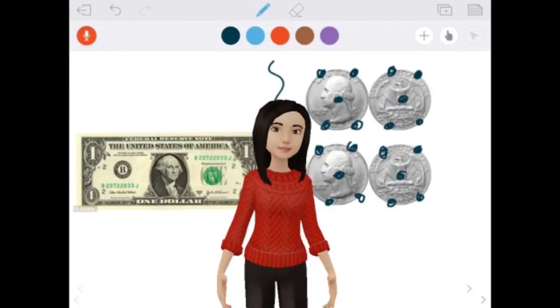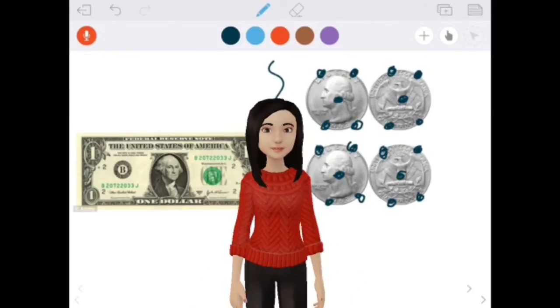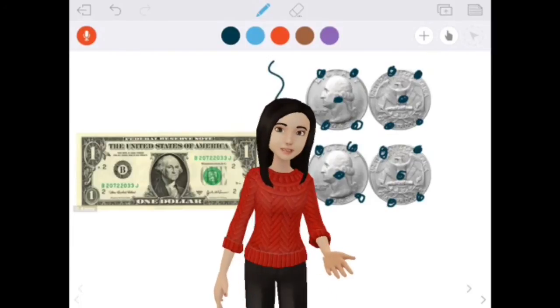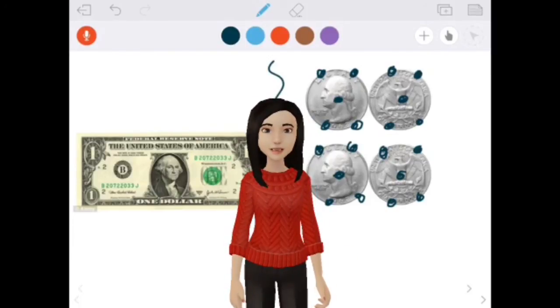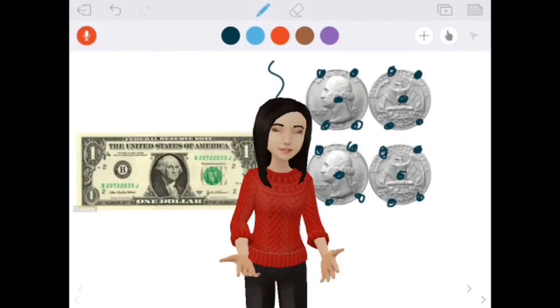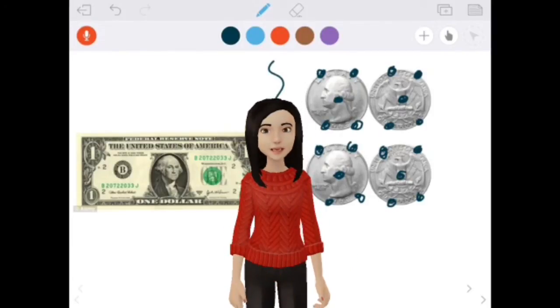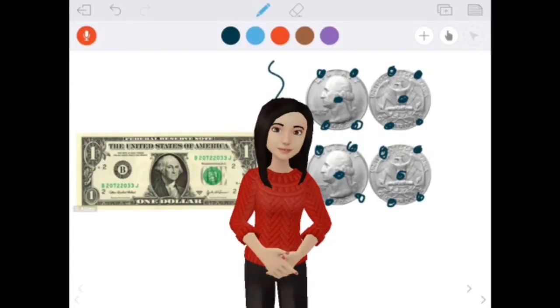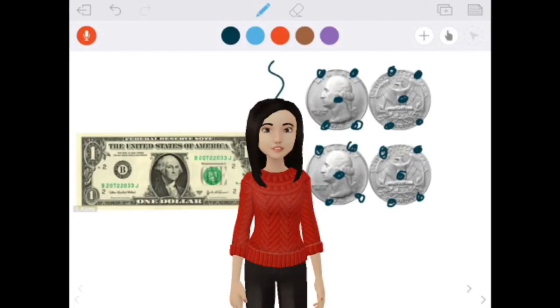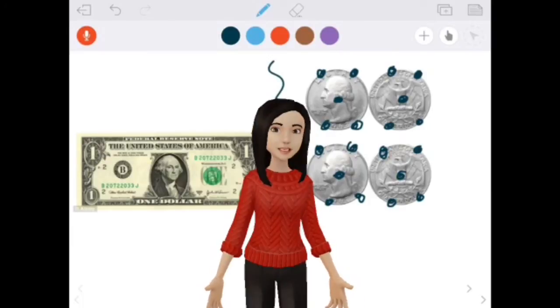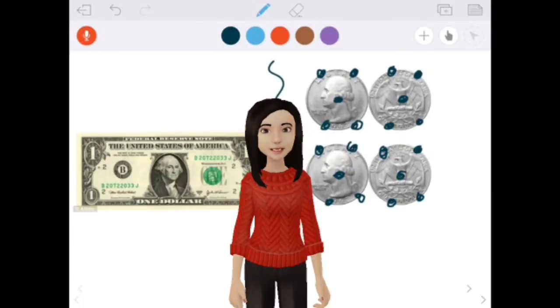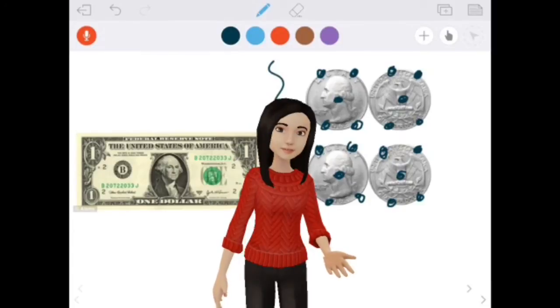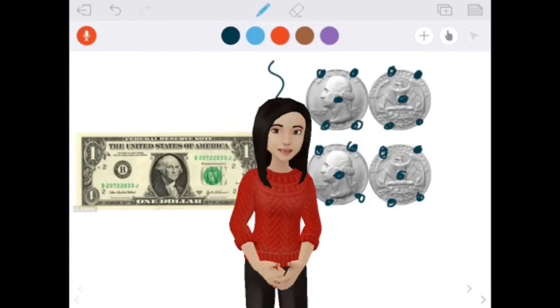There are a total of 1, 2, 3, 4, 5, 6, 7, 8, 9, 10, 11, 12, 13, 14, 15, 16, 17, 18, 19, 20 touched points. And this gives us 100 cents. So 4 quarters make $1 or 100 cents.